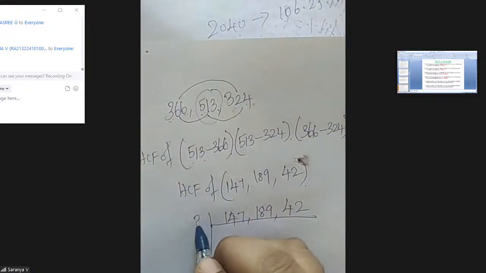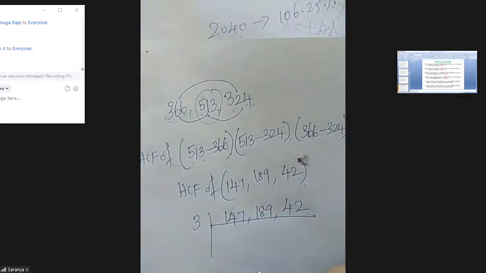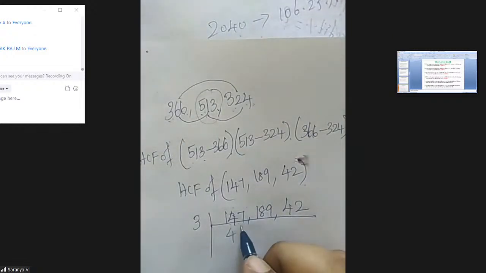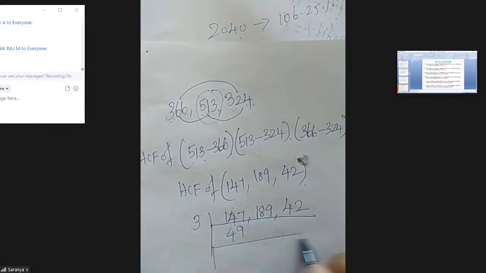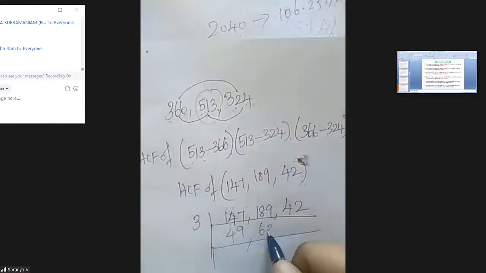So let me take 3. How many times 3? 3 fours are 12, 147 gives 49. And 189, 3 sixes are 18, gives 63.